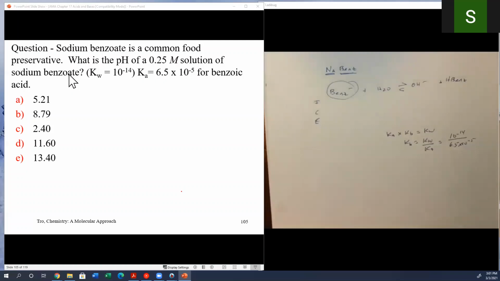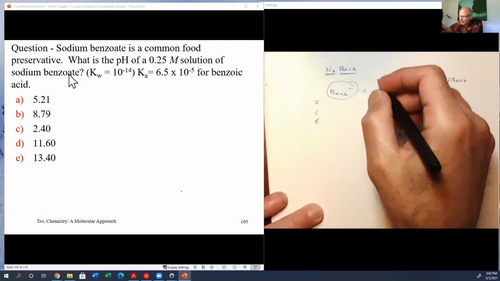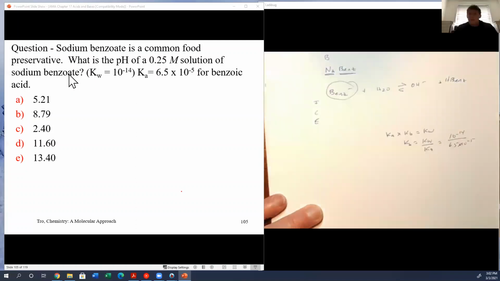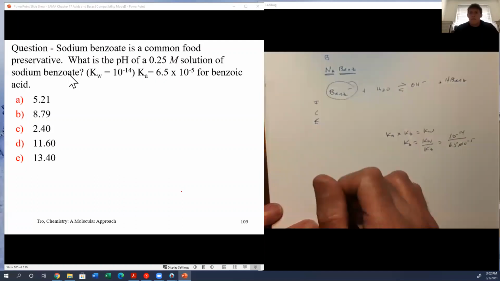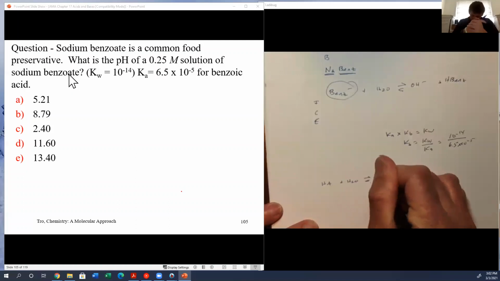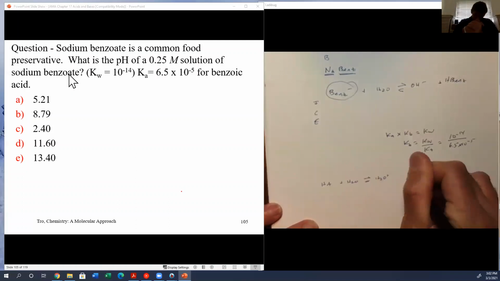I have a quick question. So when it comes to writing out the formula, it doesn't really matter if we know the formula or not for the sodium benzoic acid? Correct, doesn't matter. All of these are basically going to be of this form, right? All weak acids are going to be HA plus H2O in equilibrium with H3O plus and A minus.